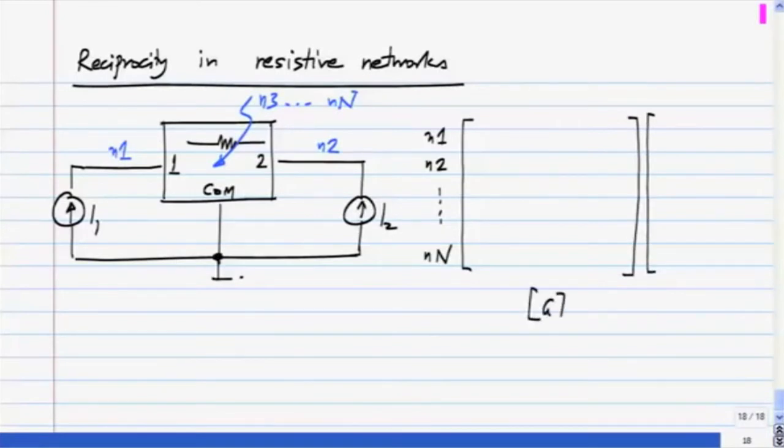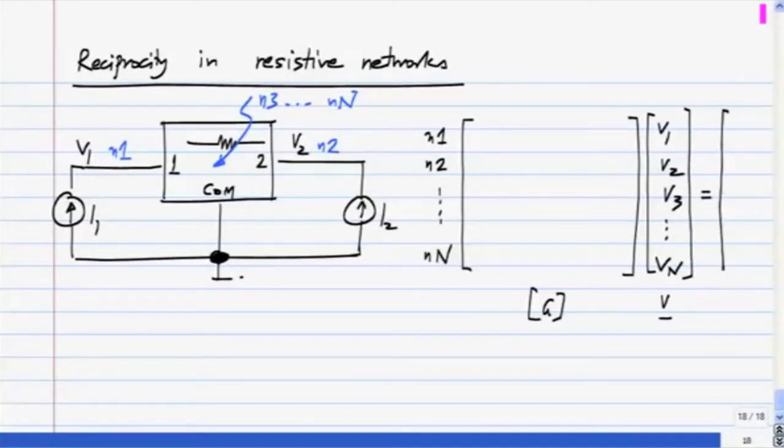This is the conductance matrix times the variable vector V, which is V1, V2, where this is V1 with respect to the common terminal, and the voltage here is V2, and after that you have V3 all the way to V capital N. And G times V, the unknown vector, equals the source vector, and the source vector consists only of two non-zero elements, I1 which is being injected into node N1 and I2 which is being injected into node N2, and the rest of it is 0.